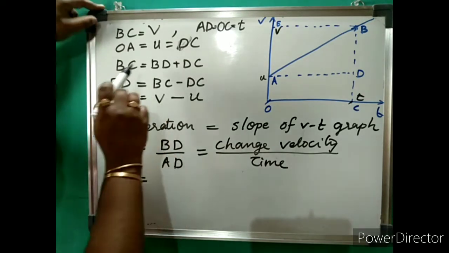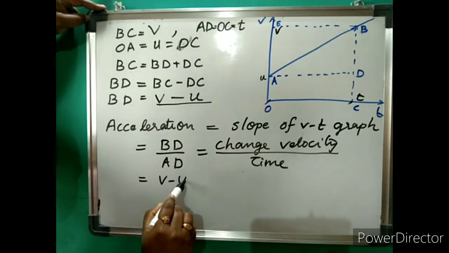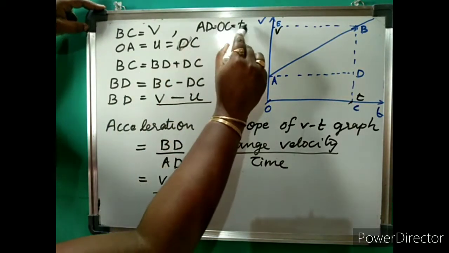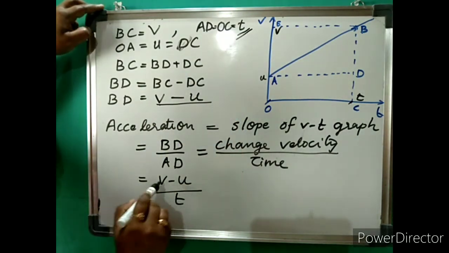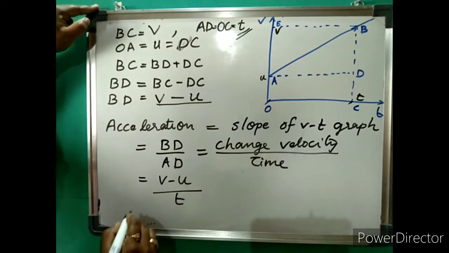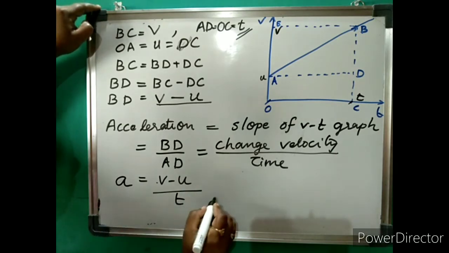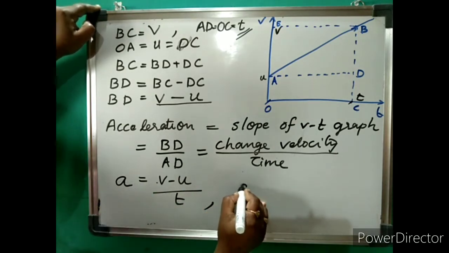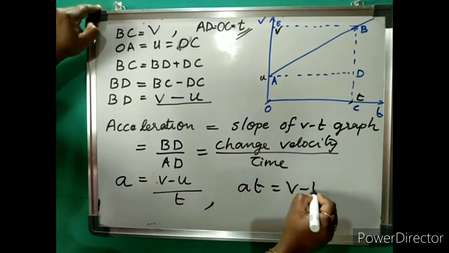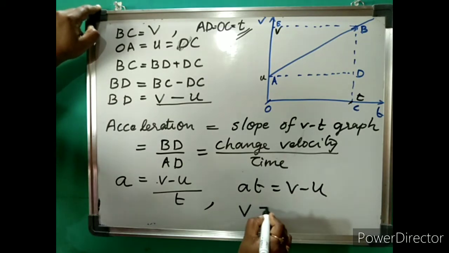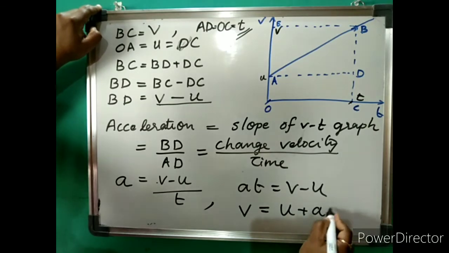BD is equal to V minus U, and AD is equal to T. So A is equal to V minus U divided by T. From this equation, AT is equal to V minus U, or we can write V is equal to U plus AT.